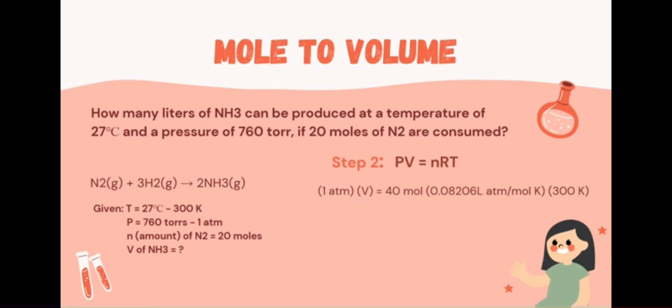Divide both sides by 1 atm and cancel all units except liters since we are solving for volume. If we compute that, we get 984.72 liters of ammonia. We can also get the same answer if we rearrange the ideal gas law equation to V equals nRT over P.